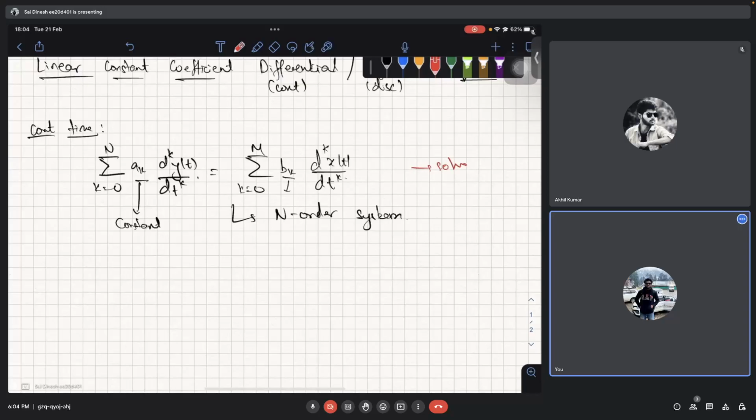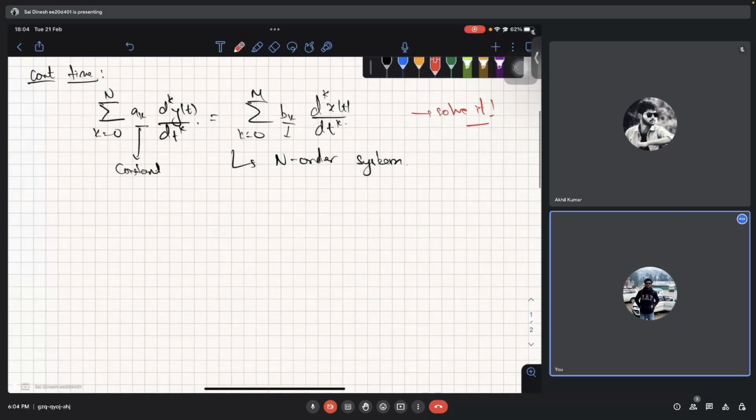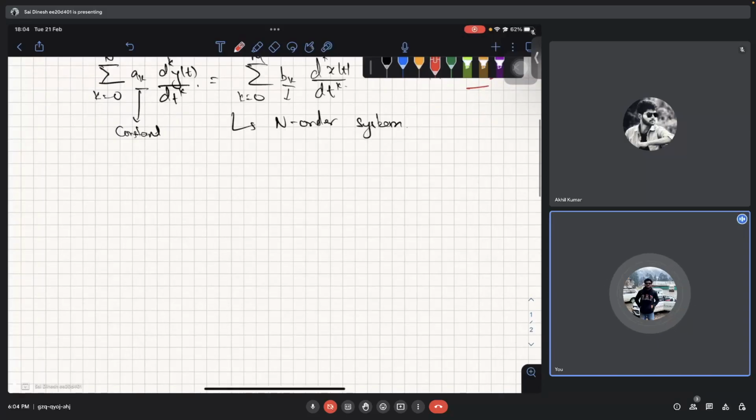A differential equation by itself does not give a solution, we need some more conditions, known as the auxiliary conditions.